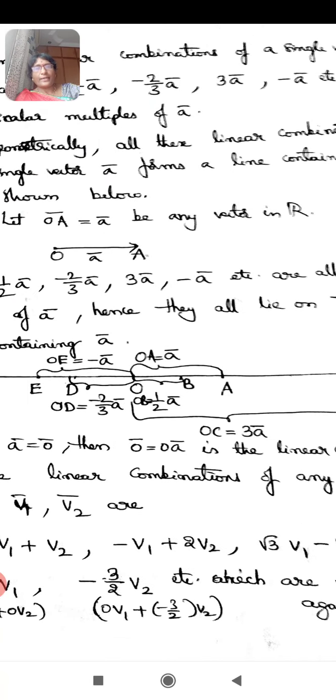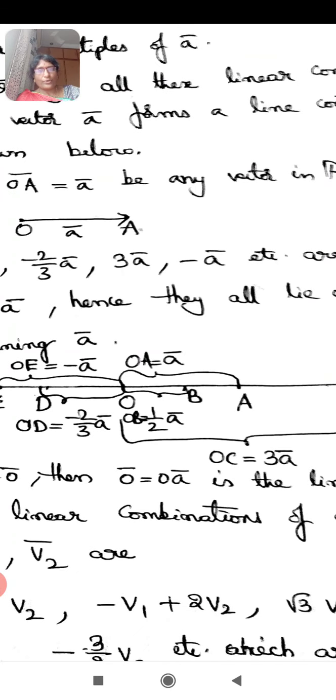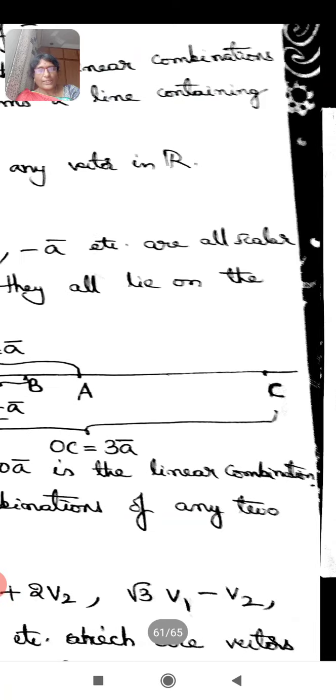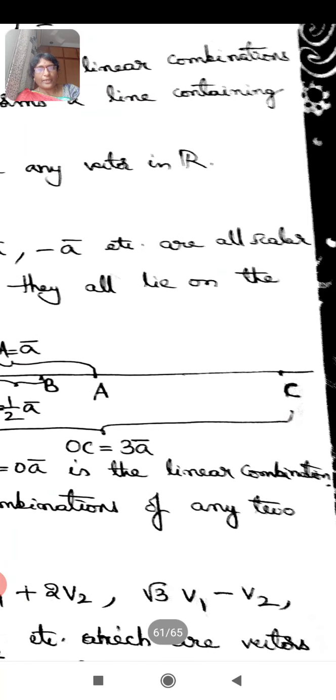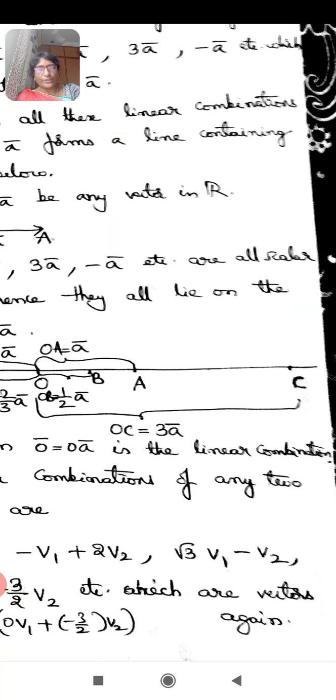OA I have taken as a bar, whereas OB, half of the magnitude of OA, is the vector 1 by 2 a bar. And also OC is a scalar multiple of a bar by 3 times, so it is 3 a bar as shown in the figure.